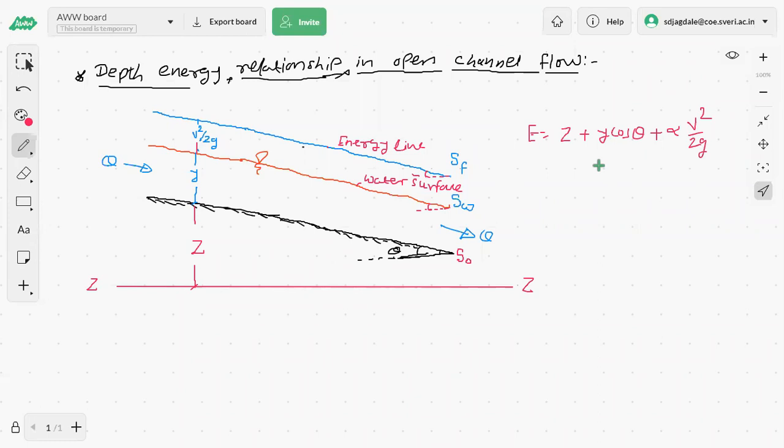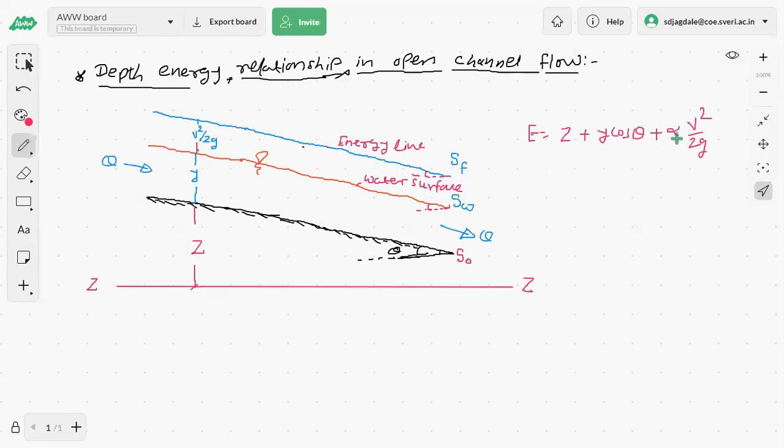But most of the time theta is so small, approaching 0, so cos theta is nearly equal to 1, since cos 0 is 1.